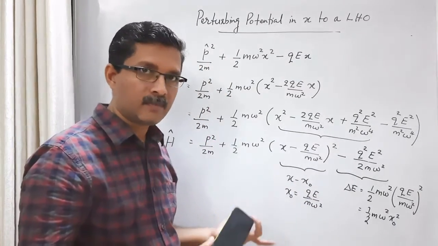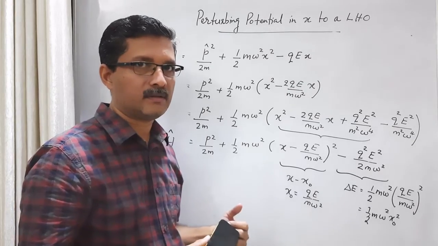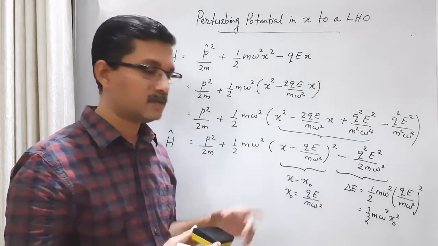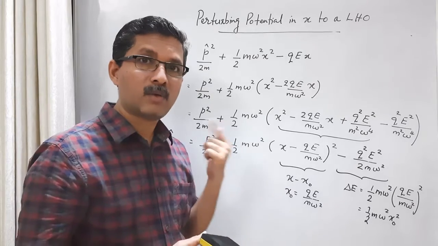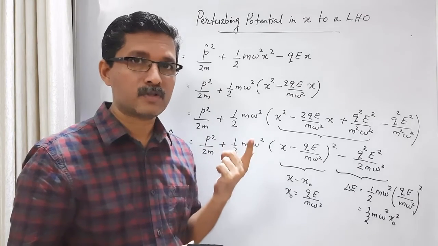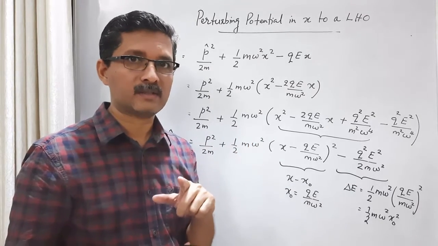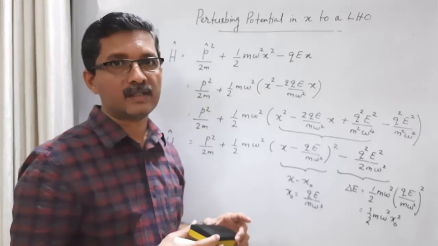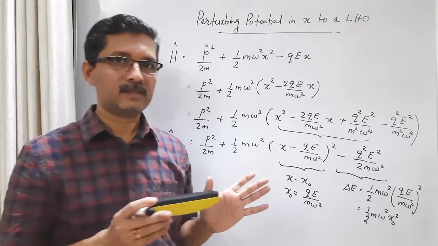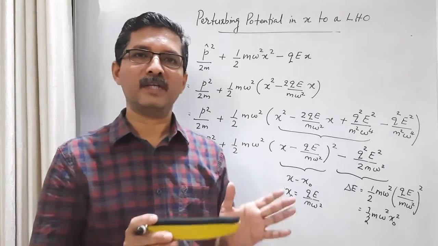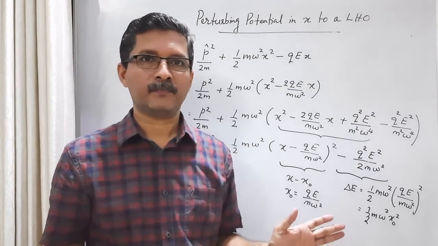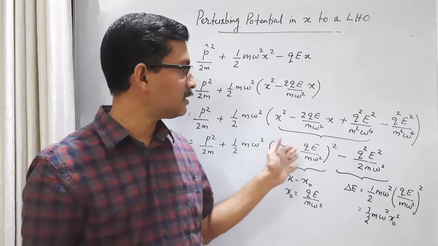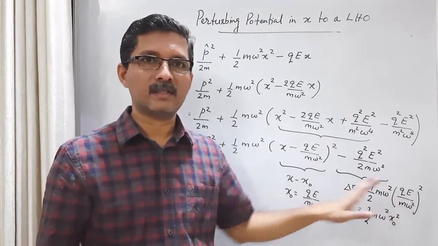Now let us see, do we get the same result using perturbation theory? So we are going to apply perturbation theory. Just like the perturbing potential proportional to x square, which was also an exactly solvable problem, a perturbing potential proportional to x is also an exactly solvable problem. In these two cases, even after the perturbation, we get a linear harmonic oscillator. In this case, we get a linear harmonic oscillator with a shifted origin and decreased energies.